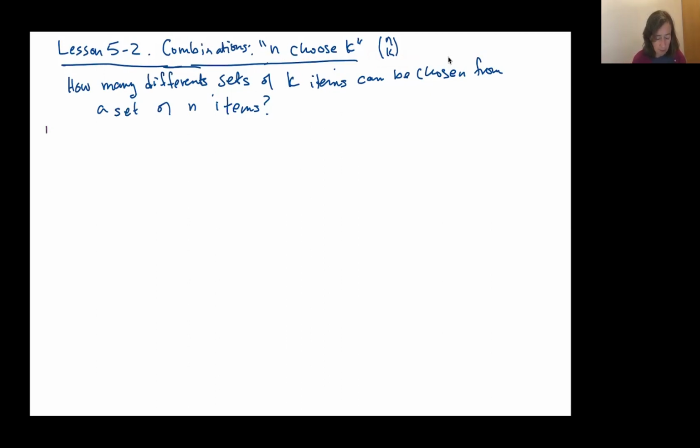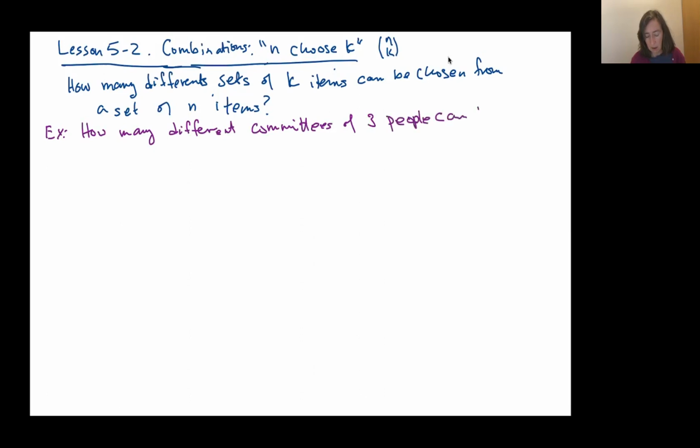So our example will be: how many different committees of 3 people can be chosen from a group of 5? We have 5 people, we have to select 3 of them for a committee. How many different ways are there to do that?